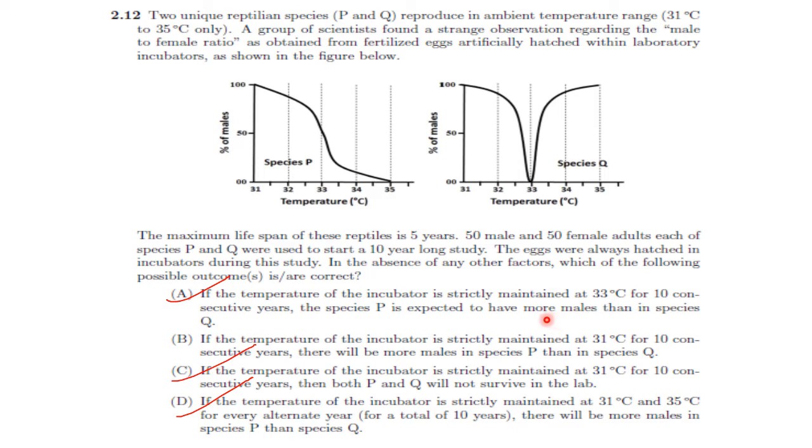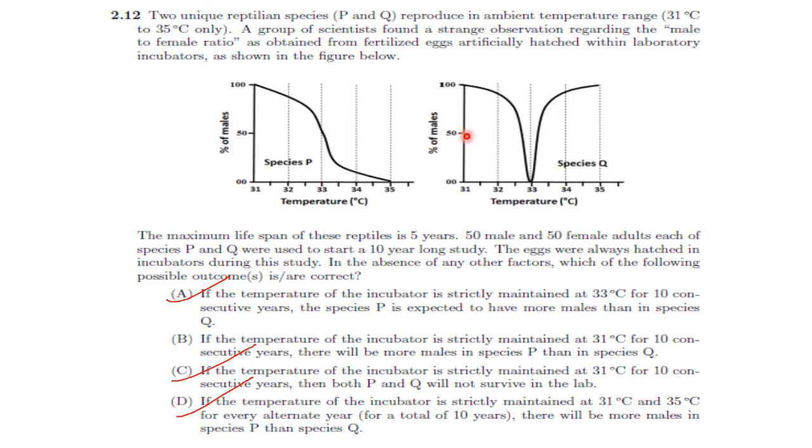Because at this particular temperature, species P will have 50% males and 50% females. So they will undergo reproduction and males will increase.